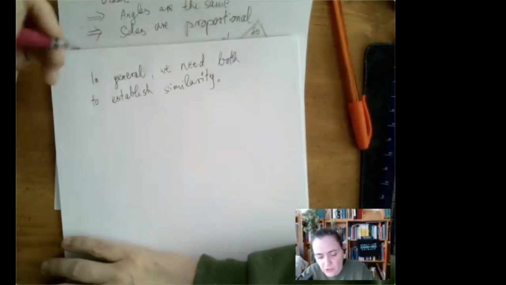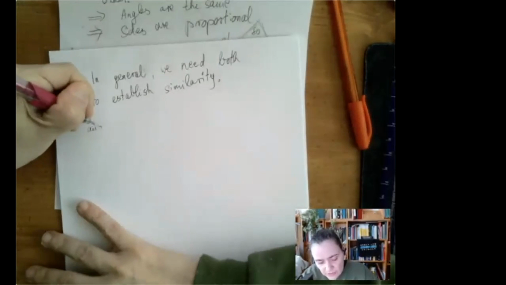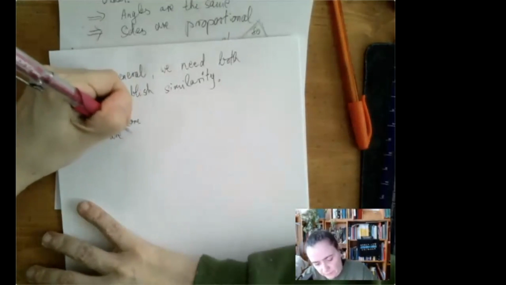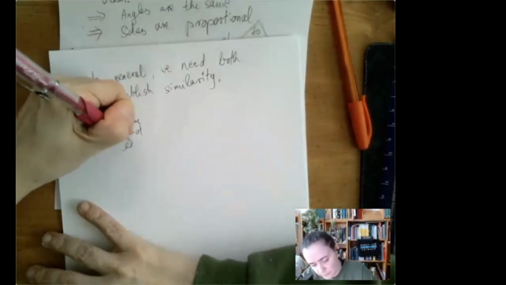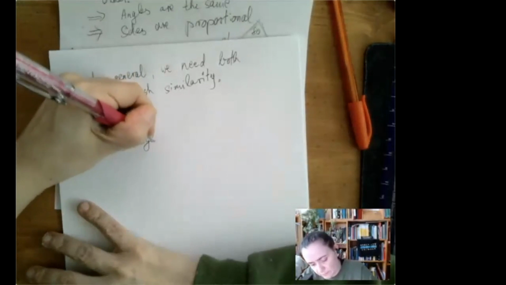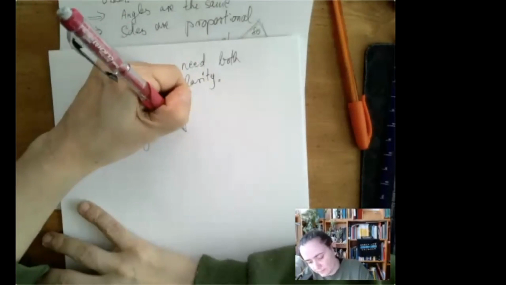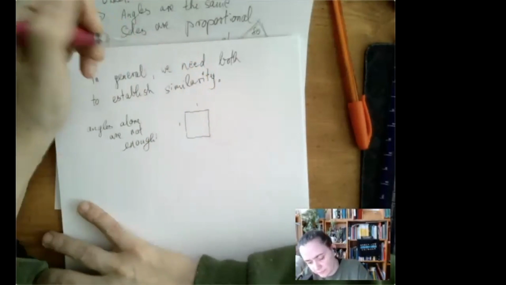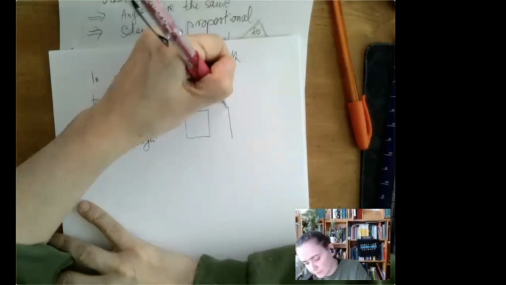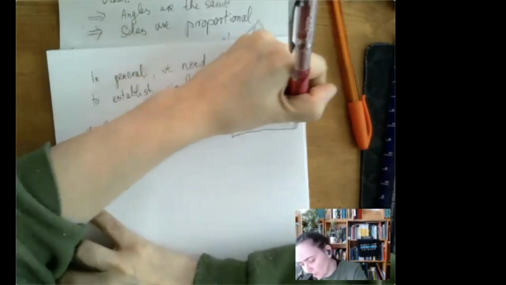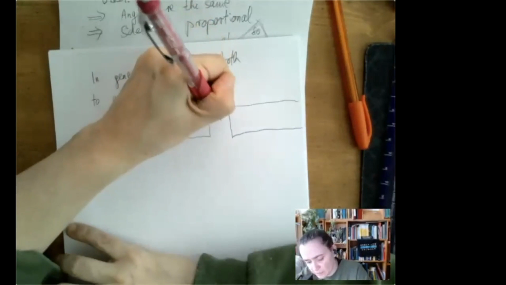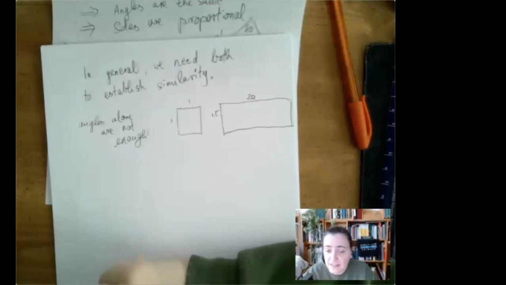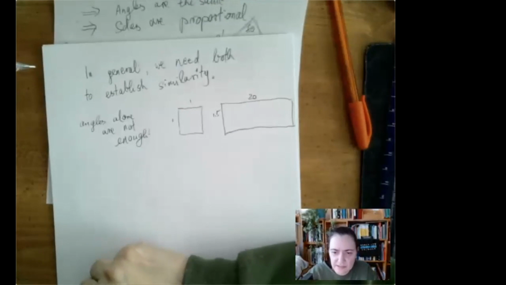So let me show you why angles alone are not enough. Say you have a square with sides 1, 1, and 1. You can have a rectangle that has sides 1.5 and 20. The angles are the same, but these two are obviously not similar.